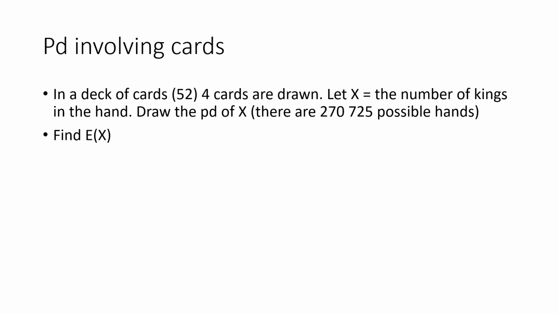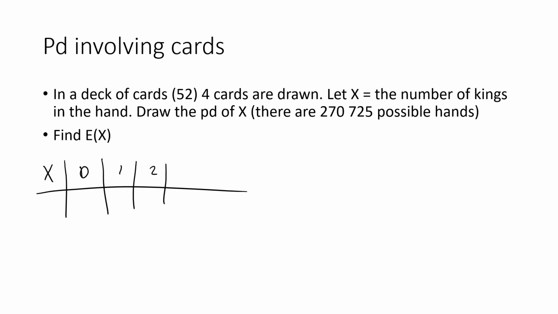The first thing we do is we draw the probability distribution, and let's start off with the values of x. x can have 0 kings, 1 king, 2 kings, 3 kings, and 4 kings. Now, we need to find the probability of that being the case.